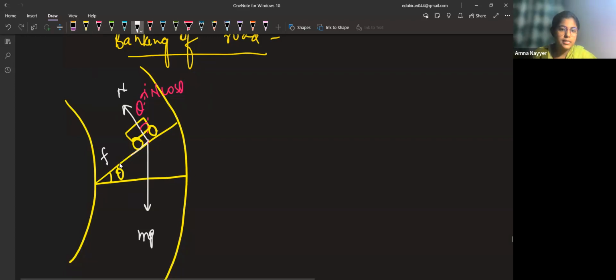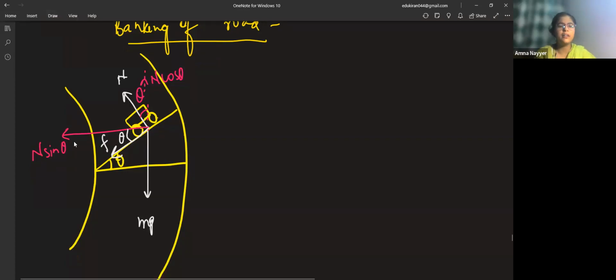See, this is the frictional force. This is n sine theta. So this angle is also theta. Now we can resolve this. This becomes f cos theta because this is along this axis and perpendicular to it.